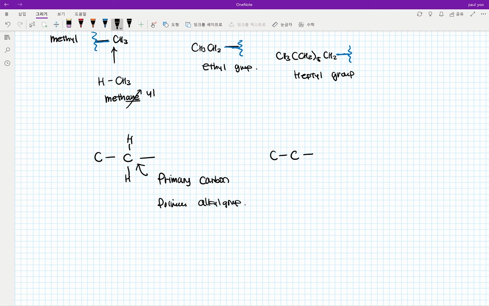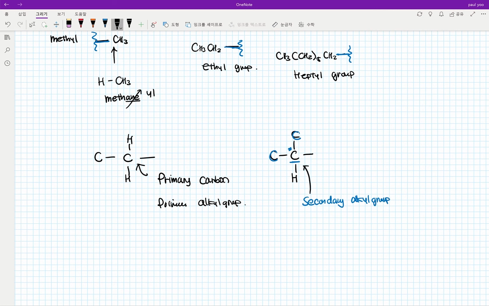This carbon has two other adjacent carbons that are attached to the carbon that we're interested in. It's going to be the secondary alkyl group.